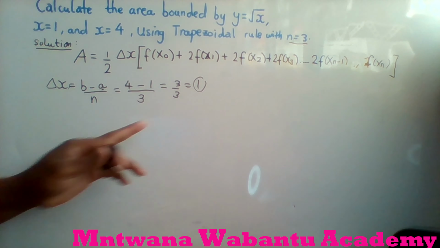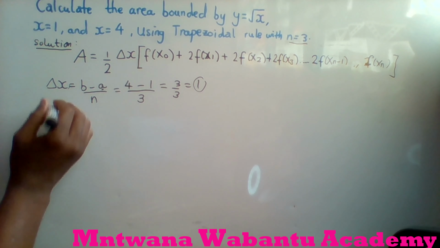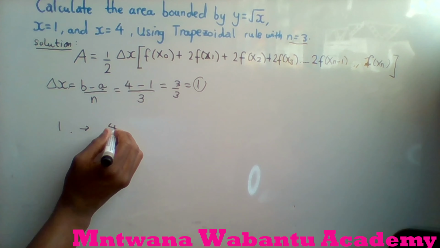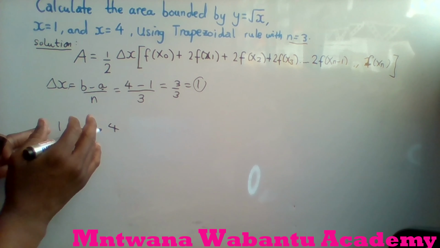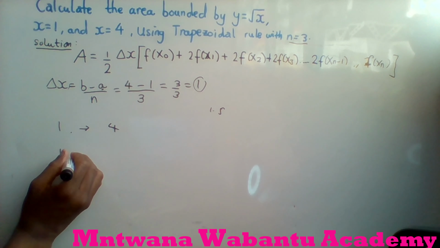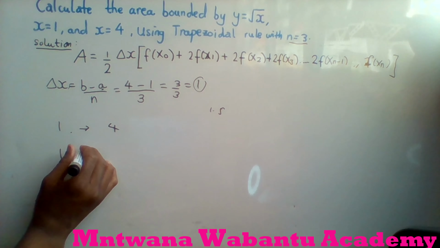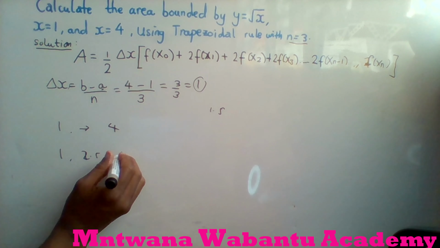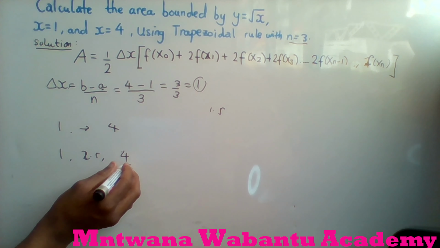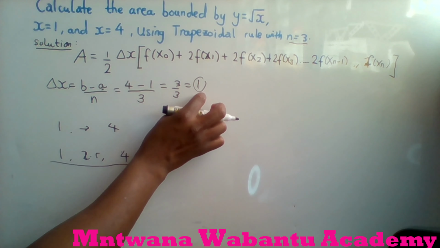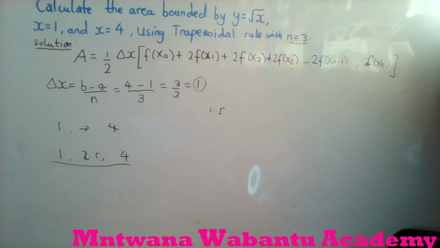If we get 2 here, our subinterval from 1 to 4 is going to be 2, 2, 2. If I get 1.5, the subinterval is going to be 1, and the next one is going to be 2.5. The next one is 2.5 plus 1.5, which is 4. So we can only have 3 numbers. Do you understand what I'm saying? This number here tells you the subinterval length.